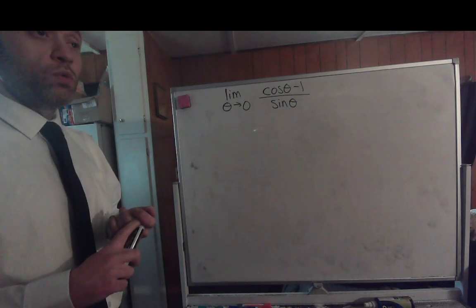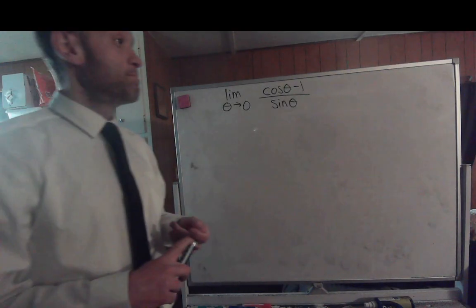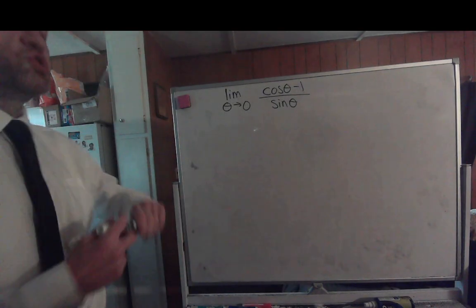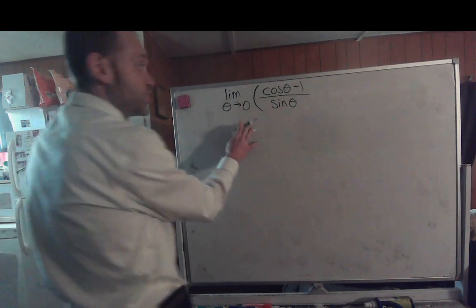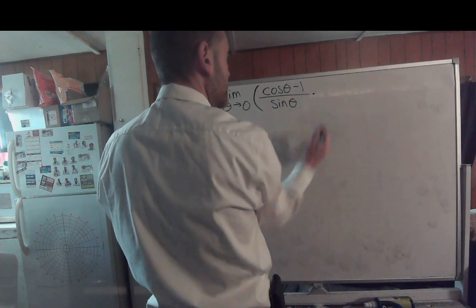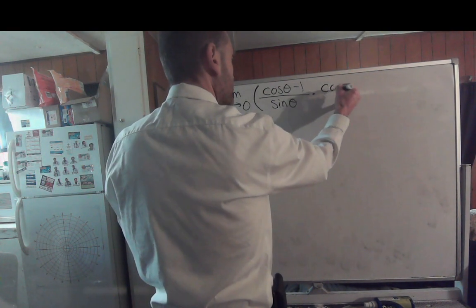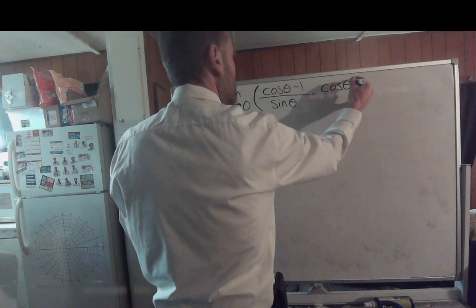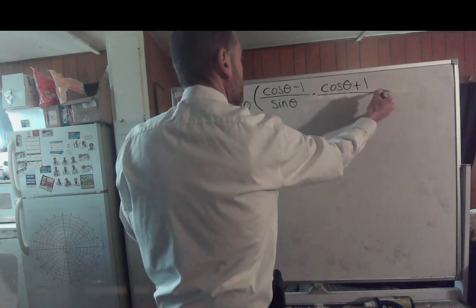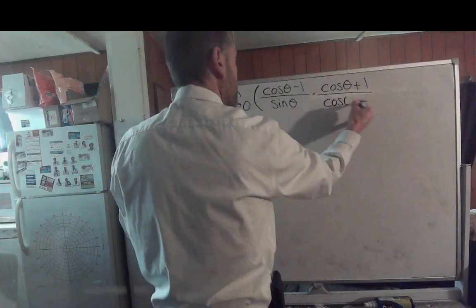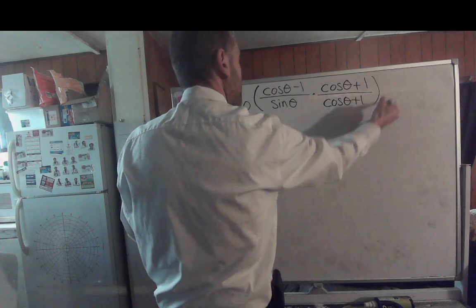For one, we can definitely apply the conjugation technique, which is what I'm going to suggest. So let's apply the conjugate rule to solve this. This would end up being times the cosine of theta plus 1 all over the cosine of theta plus 1.